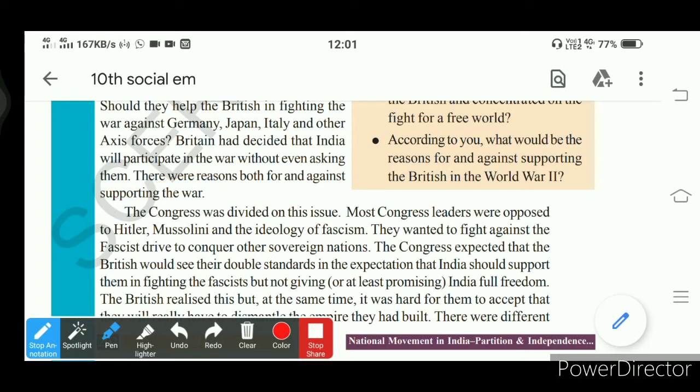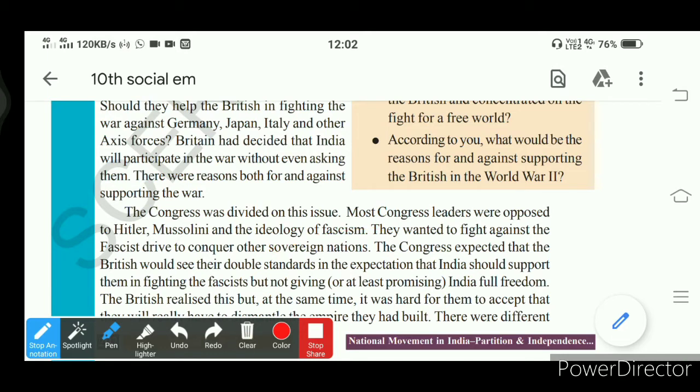First thing is that we did not like Hitler and Mussolini and their ideologies, fascism and Nazism, right? Because those are the ideologies to conquer what? Independent nations, sovereign nations. They want to rule the nations. They want to take the freedom of sovereign nations, right?